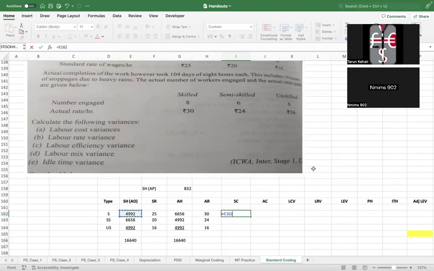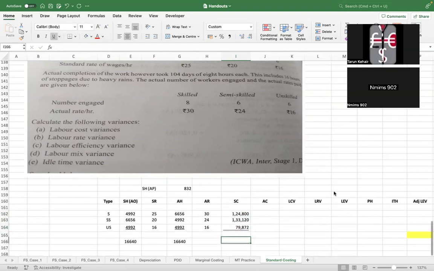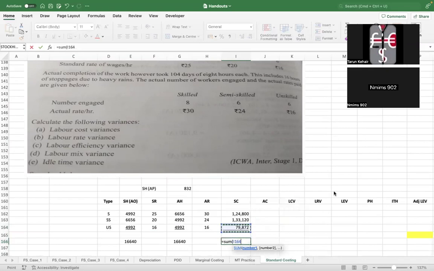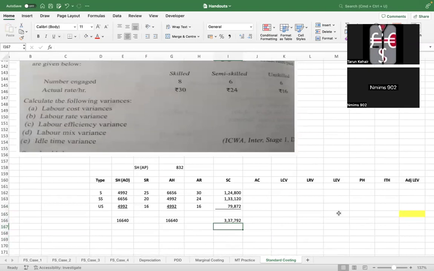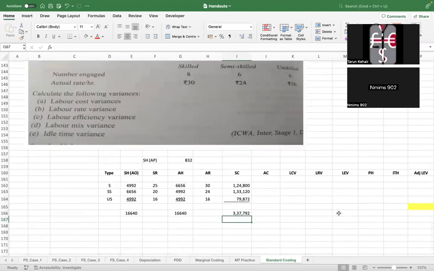Standard hours into standard rate. This we will do for all the 3 categories of labor and sum it up. You will get your standard cost to be equal to 3,37,792.